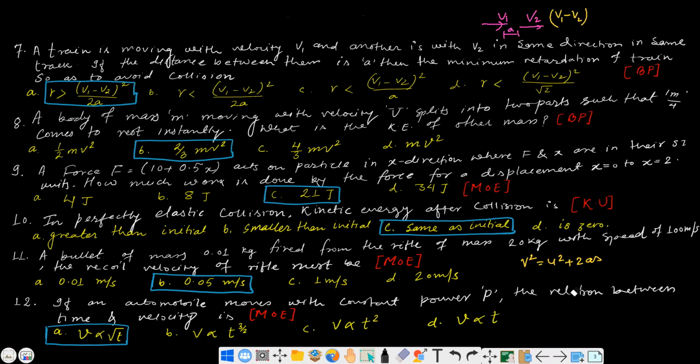Now for the questions, a body of mass m is moving with velocity v and gets splitted into two parts, such that m by 4 come to rest initially. Okay, what is the kinetic energy of the other?